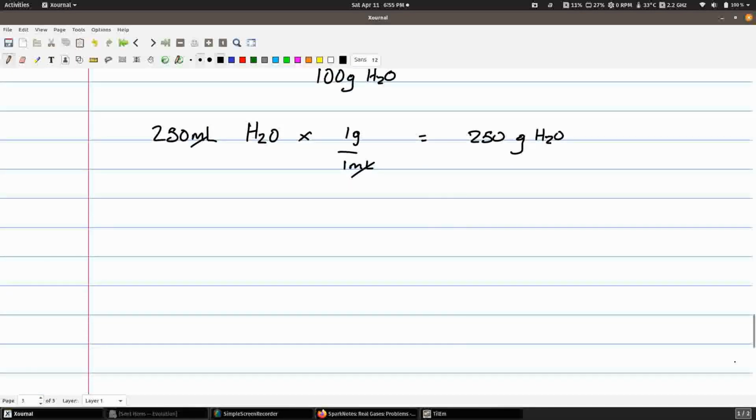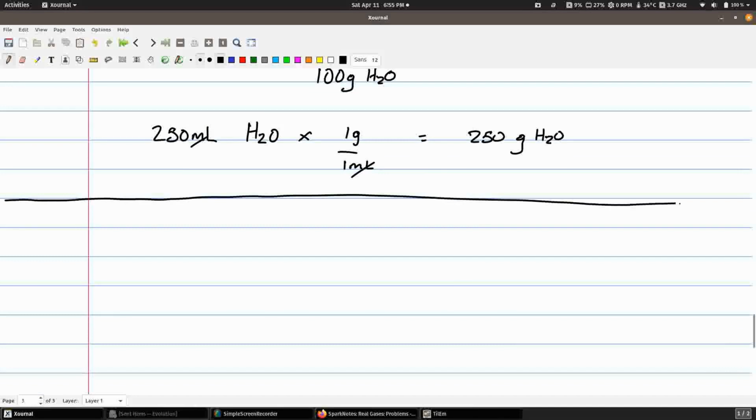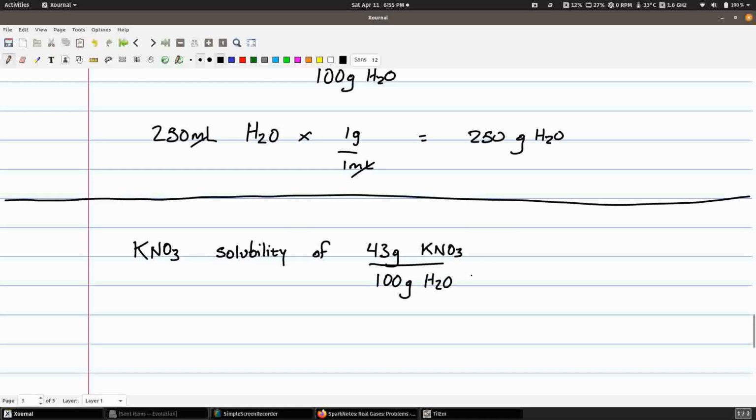So, the solubility of substances usually has a tabulated value that you can follow. I'm going to do it for potassium nitrate. So KNO3 has a solubility of 43 grams KNO3 per 100 grams of water at 30 degrees Celsius.